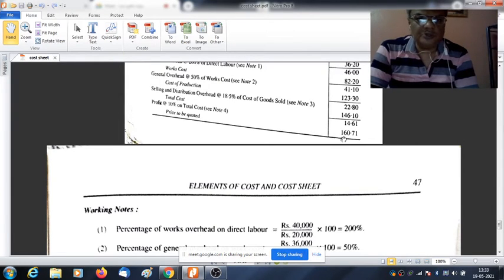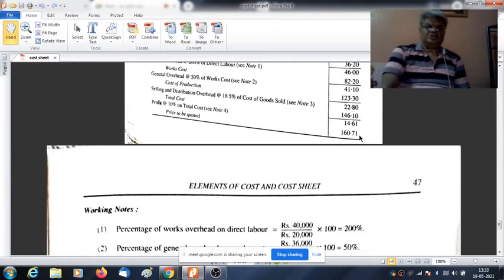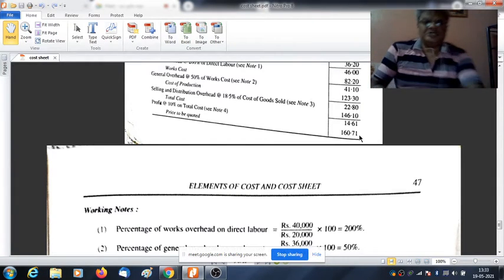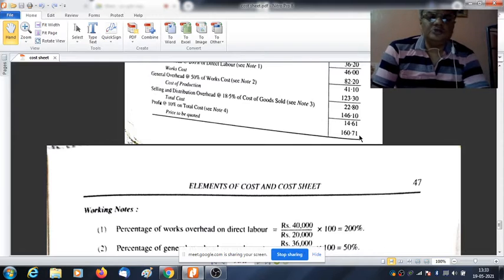So the price to be quoted is 160.71. If there is any tender and you are estimating, this is the price you need to quote after adding profit. This is called the markup price.